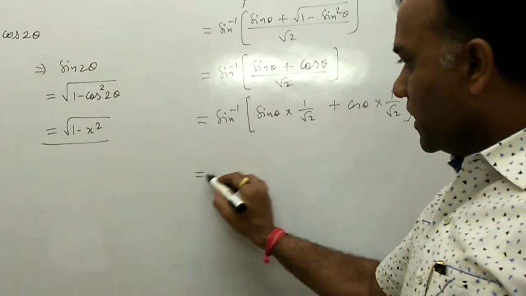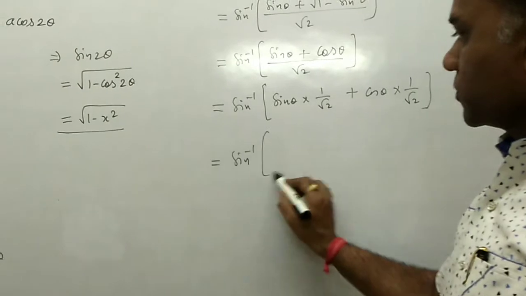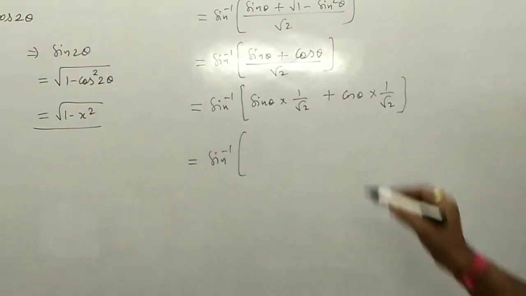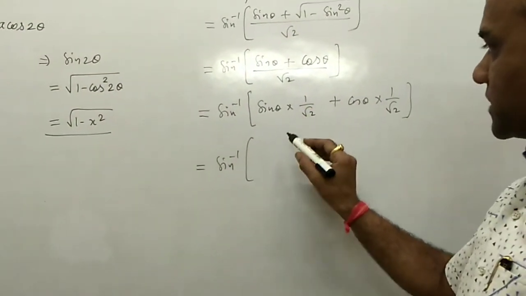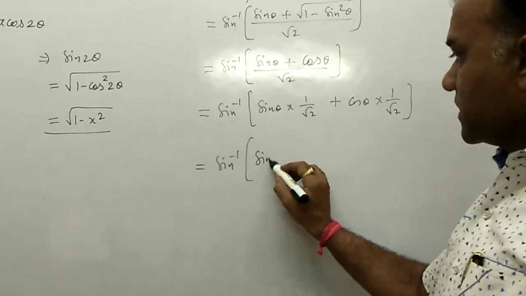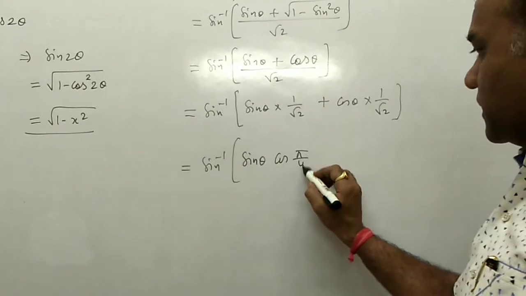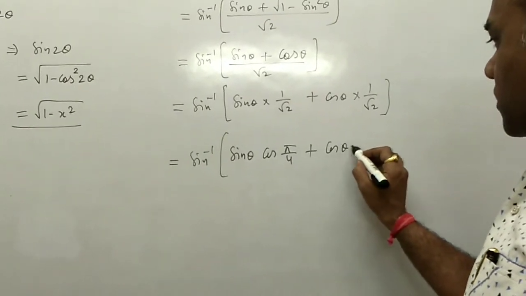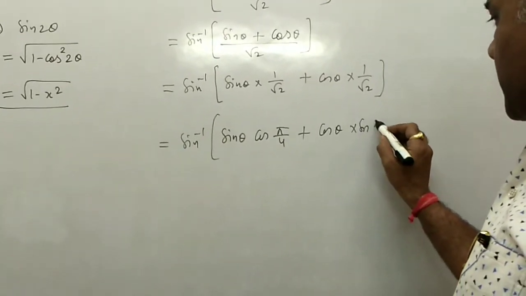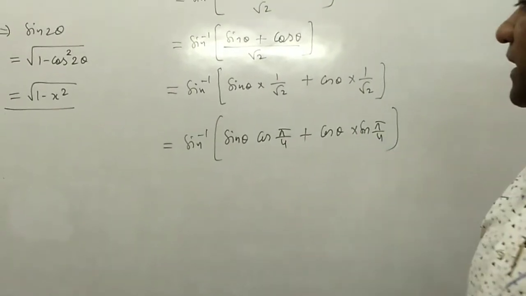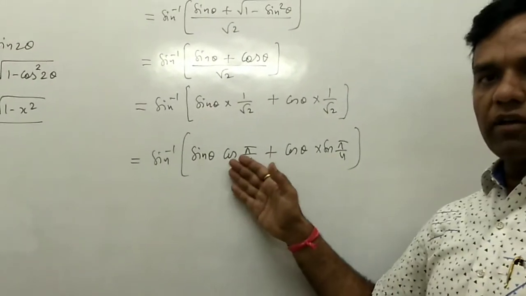We know that 1 by root 2, because this is in the principal value, you convert into trigonometrical form: sin theta, and 1 by root 2 you write as cos pi by 4, and here cos theta, and this value we write as sin pi by 4. But why do we write cos pi by 4 here? Why not sin pi by 4?